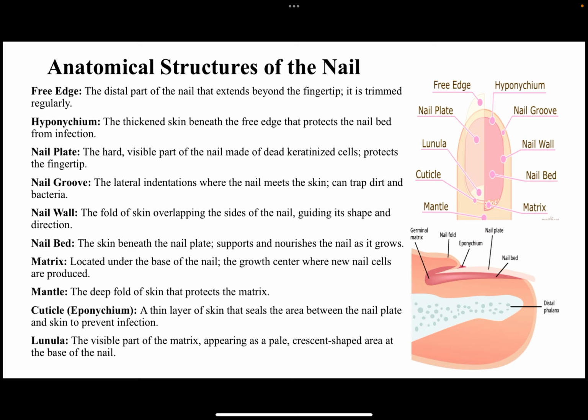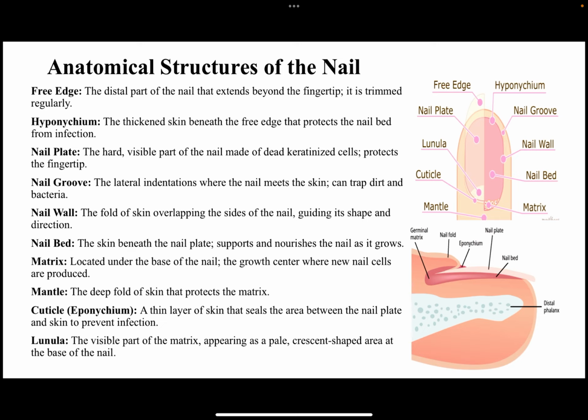Then we have the cuticle, which we call the eponychium. That is a thin layer of skin that seals the area between the nail plate and the skin to prevent infection. That's what we call the eponychium.